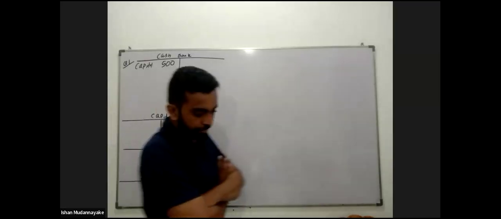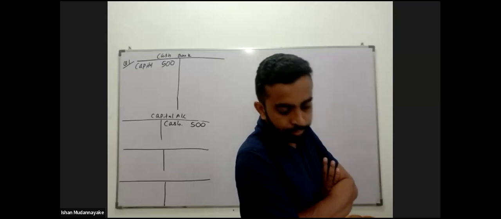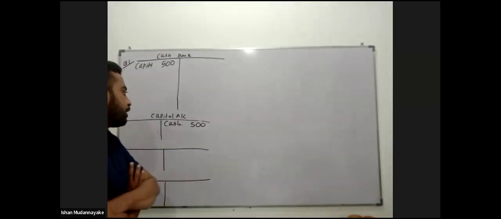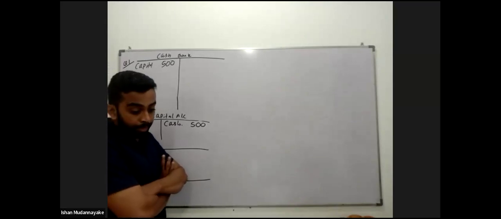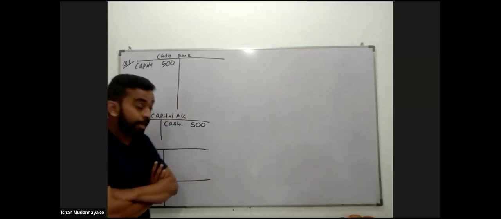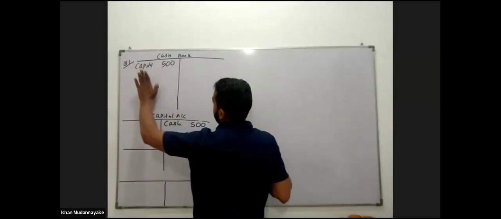Then students, transaction number 2: obtain a bank loan of 200,000. How to record? Which account debit, which account credit? If a bank loan of 200,000 is obtained, it is a cash inflow into the business, so cash book debit.